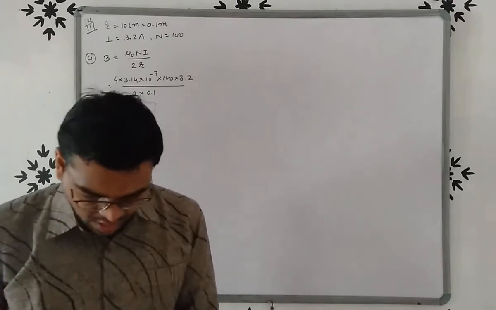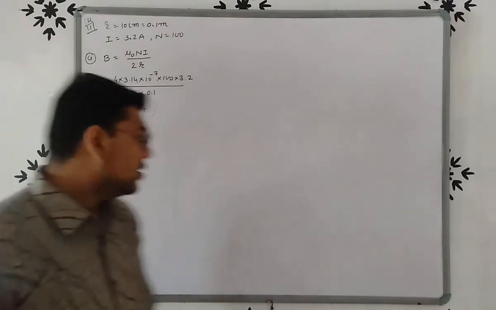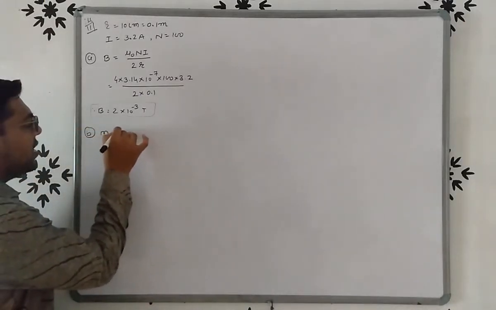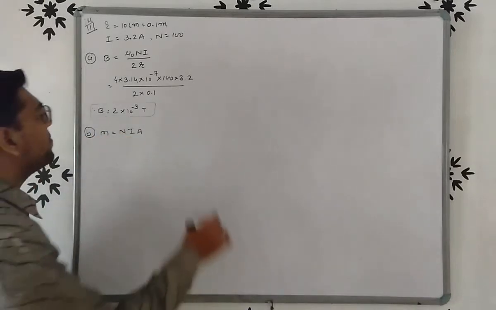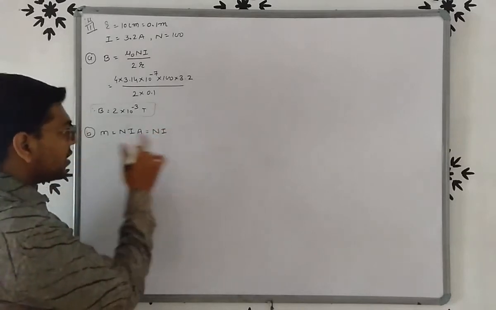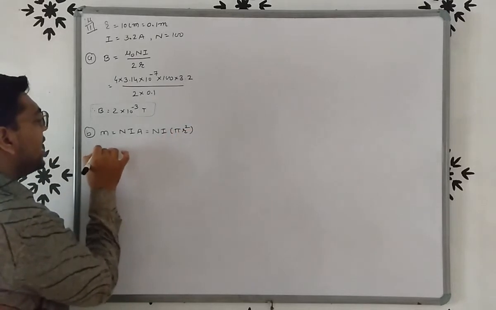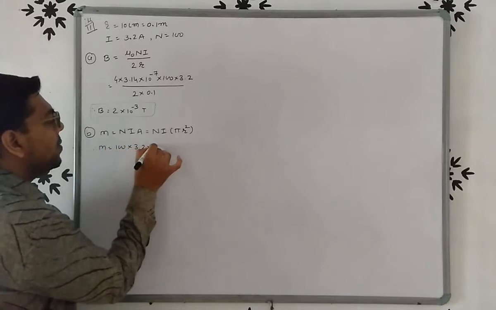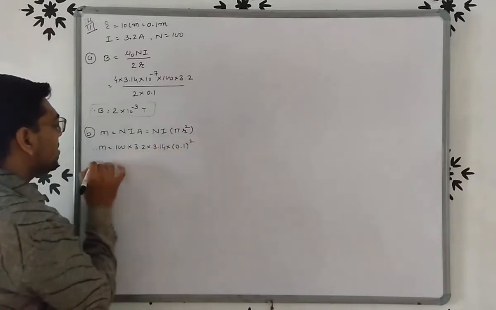Now second, what is the magnetic moment of the coil? First of all, we know the formula of magnetic moment. M is equal to N I A. Here N as it is, I as it is. Since a circular coil is given, the area is pi r square. So M is equal to the value of N 100, I 3.2, pi 3.14 and r square 0.1 whole square.